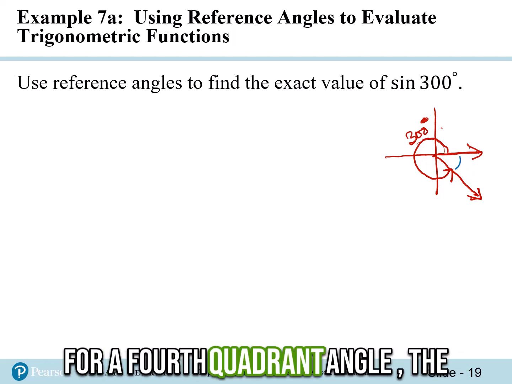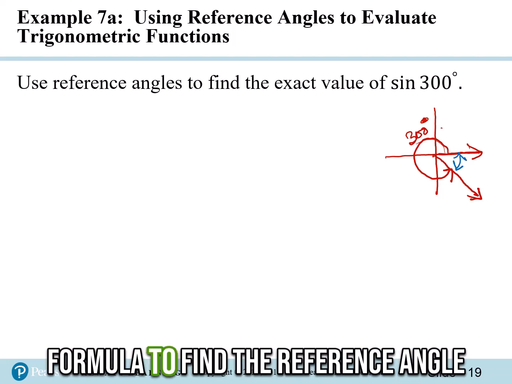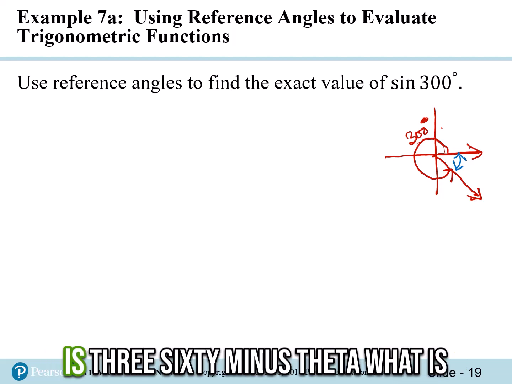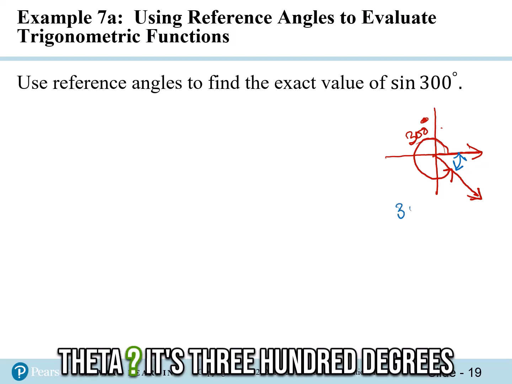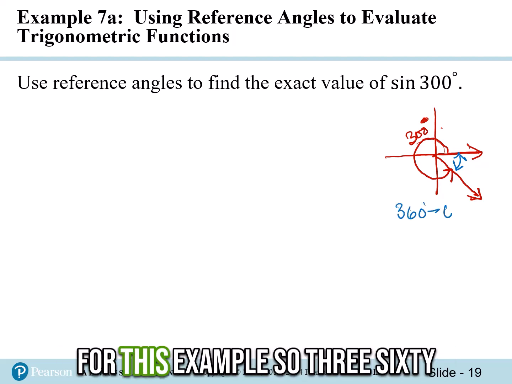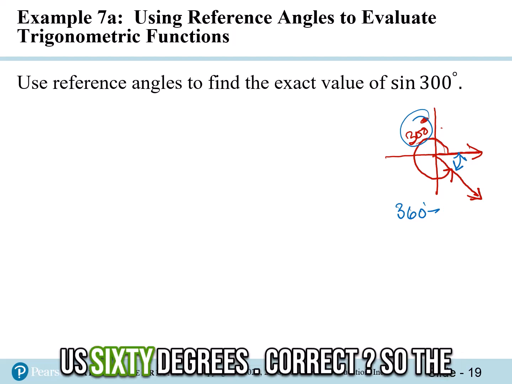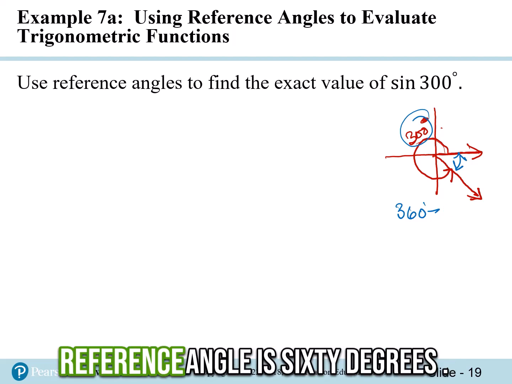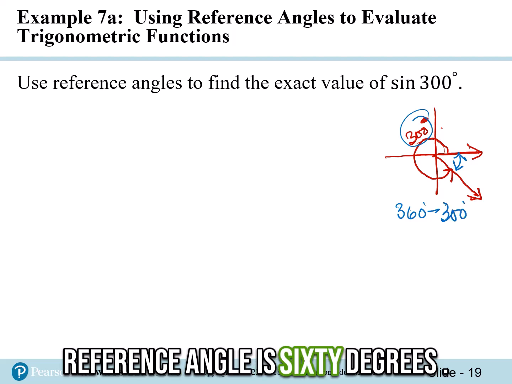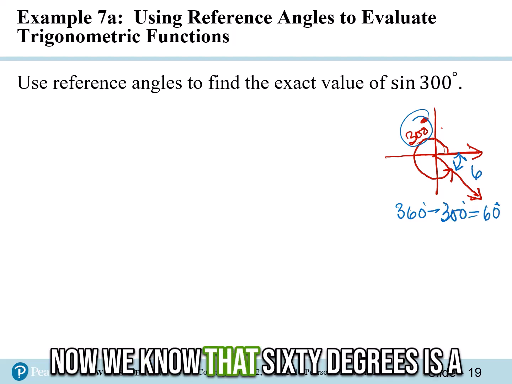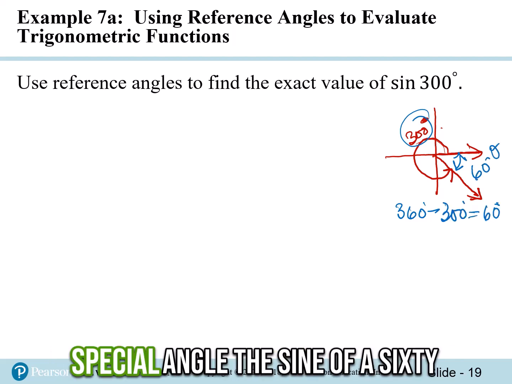For a fourth quadrant angle, the formula to find the reference angle is 360 minus theta. What is theta? It's 300 degrees for this example. So 360 minus 300 is going to give us 60 degrees, correct? So the reference angle is 60 degrees. Now we know that 60 degrees is a special angle.